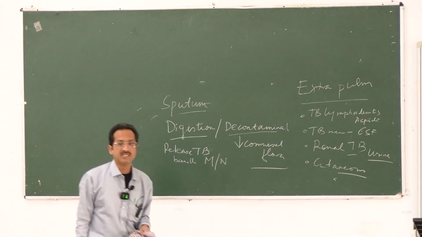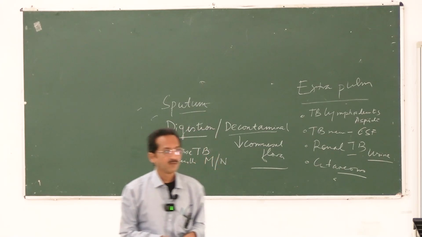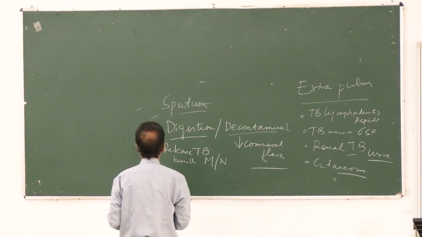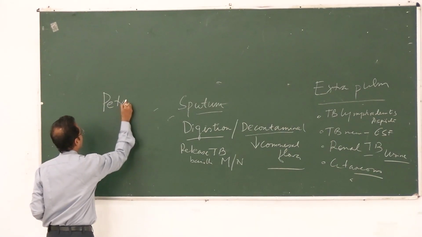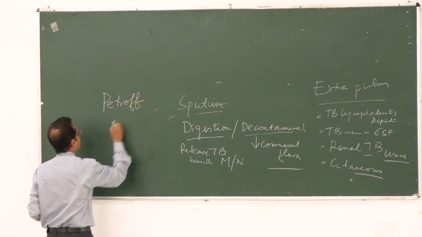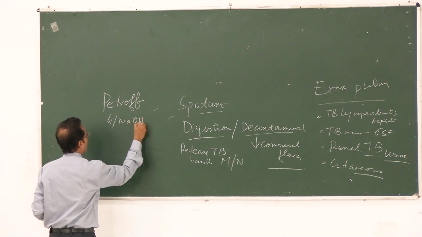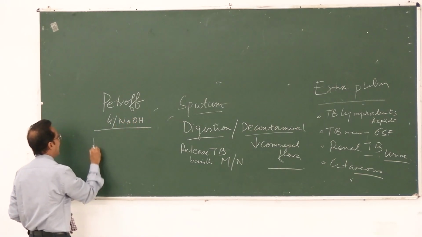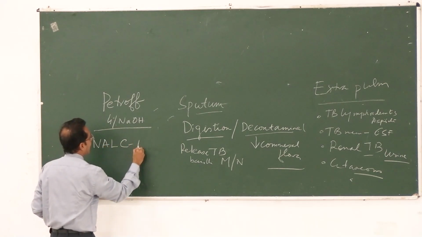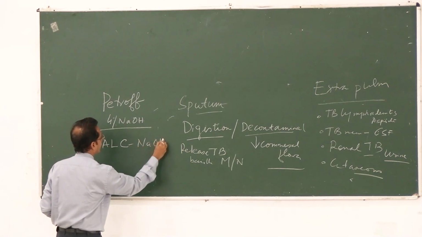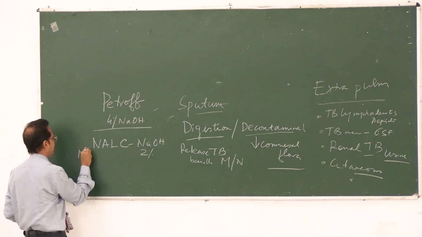How is digestion and decontamination done? There are a few methods. Initially it was Petroff's method with 4% NaOH, or NALC-NaOH, that is 2% NaOH with N-acetylcysteine.